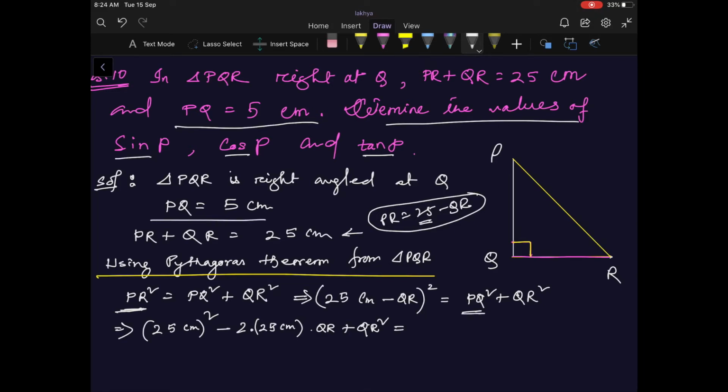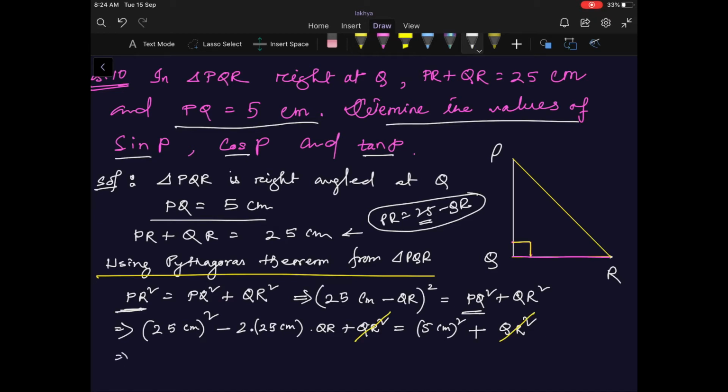PQ is given here 5 centimeter, so put here 5 centimeter whole square, then plus QR square. Here you can see QR square cancels QR square.